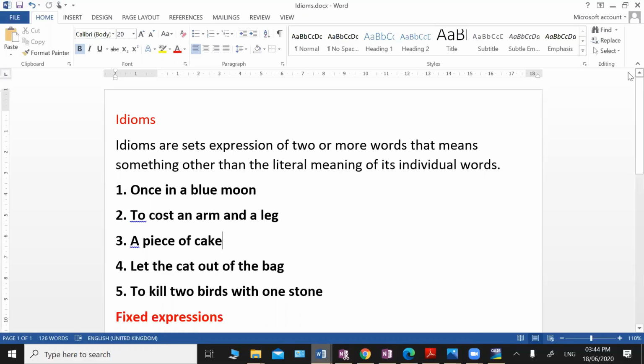It has nothing to do with birds or stones. These are called idioms. You should remember them, because in the coming lessons there is a complete unit where we will be learning about some idioms.